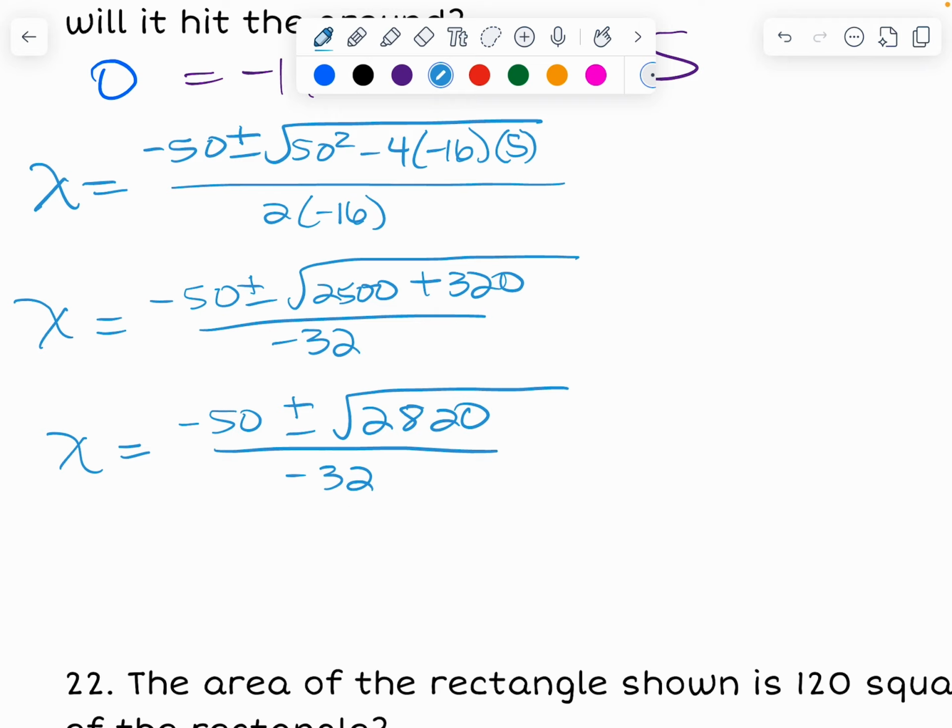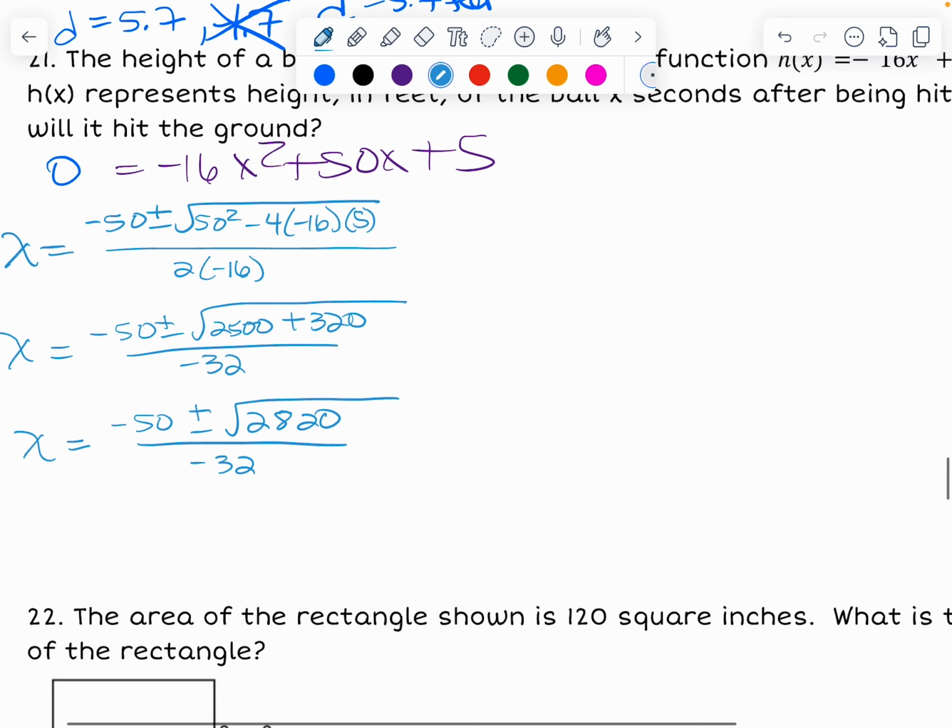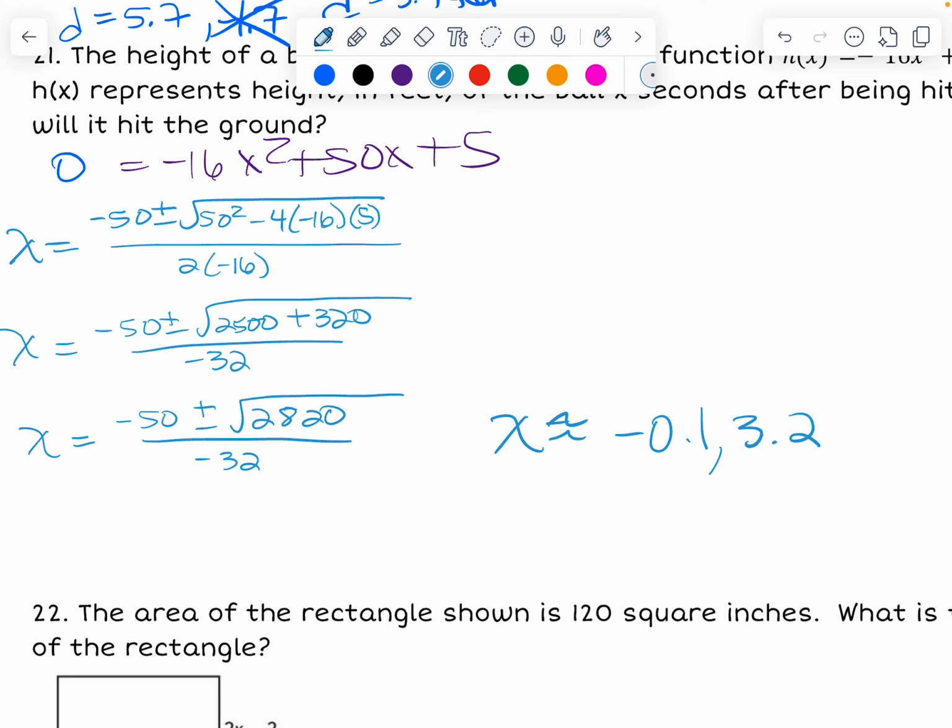Because it's a word problem, it actually wants something that's not a radical, so it wants the simplified form. So here we go, negative 50 plus the square root of 2820 divided by negative 32, and I would get negative 0.1. If I subtracted, I would get 3.2. Obviously, we don't want this, so it takes approximately 3.2 seconds.